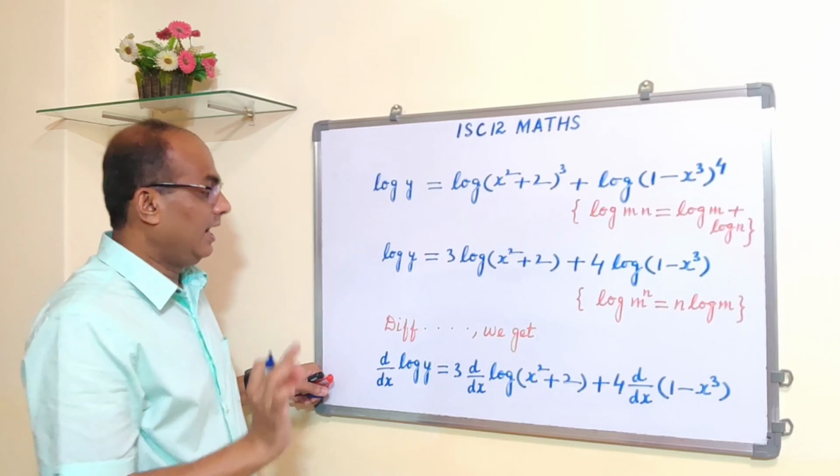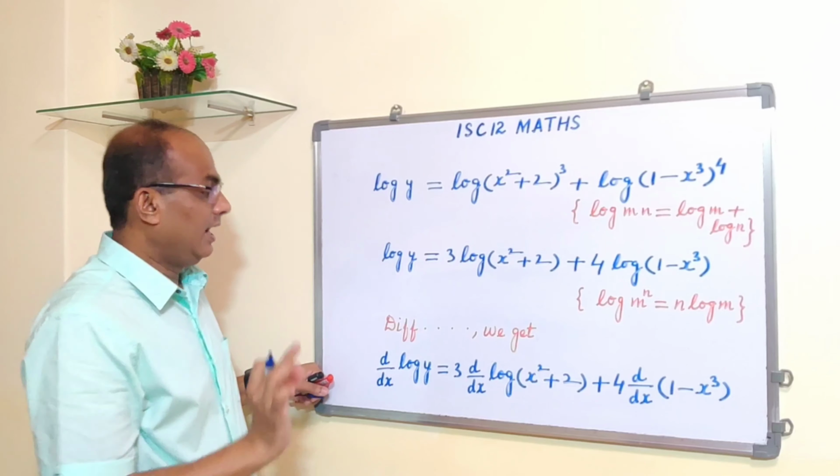Because it is not x, we are imagining this as x, so we once again differentiate it. So the derivative of x square is 2x and that of 2 is 0. So we are left with 2x, into 2x.